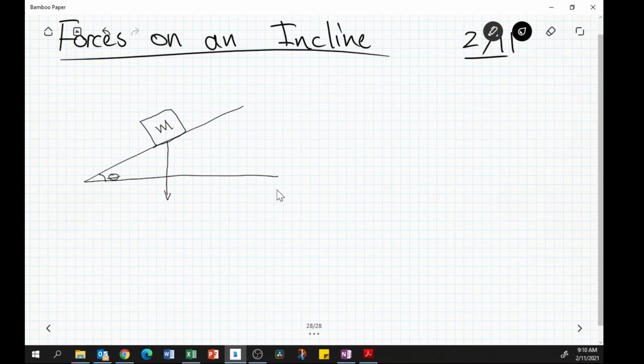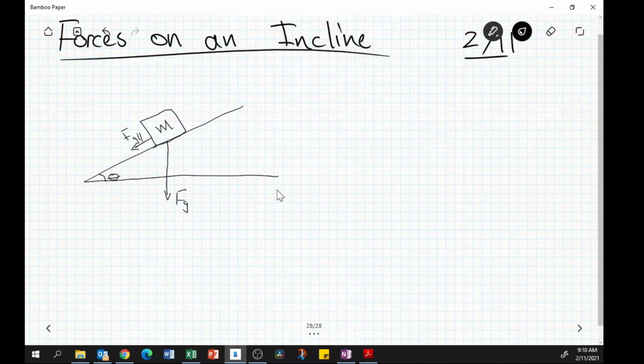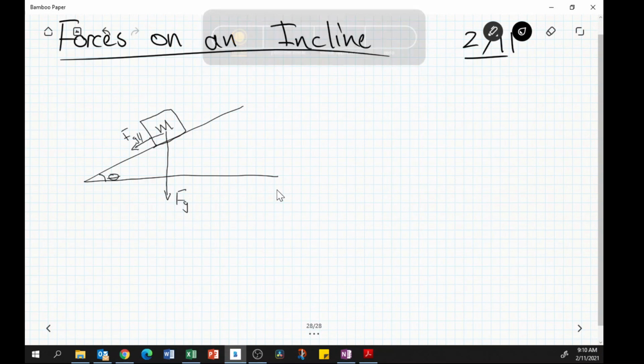That force due to gravity has a parallel component, FG parallel. And I might actually connect my forces here to a point at the center of the mass, which is realistically where we're imagining these forces being applied, at the center of the mass.